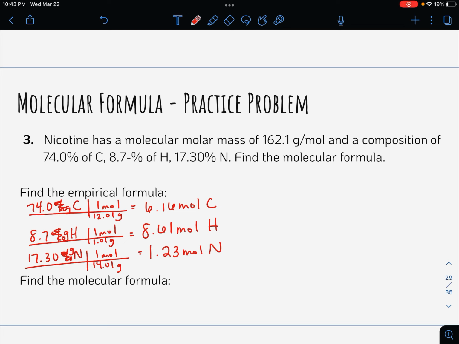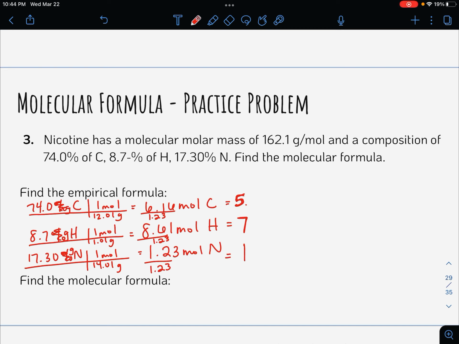So what is my smallest number here? It says 1.23. So I'm going to divide all of these by 1.23. I get 5.000, so this is essentially 5, our whole number. 8.61 comes out to exactly 7.